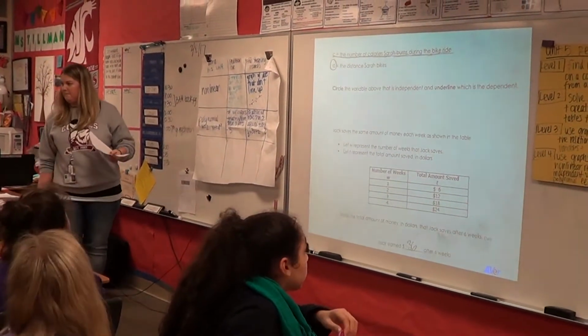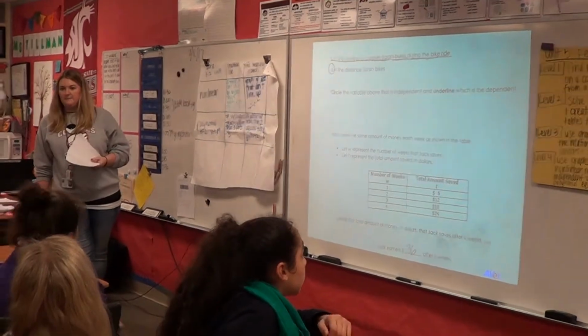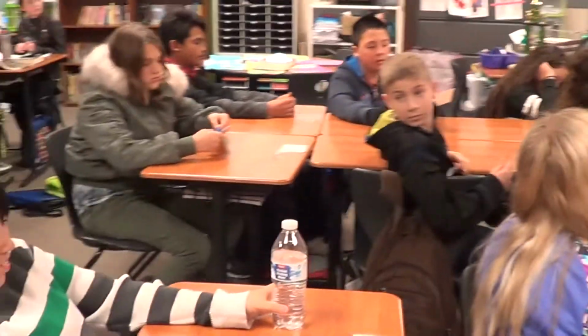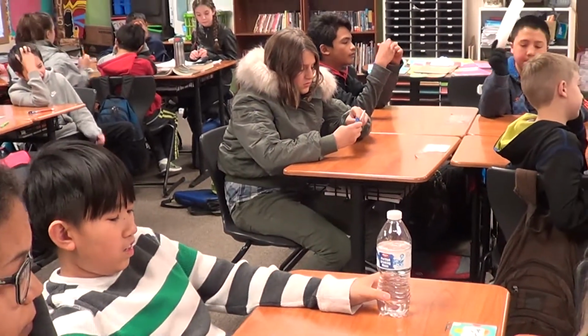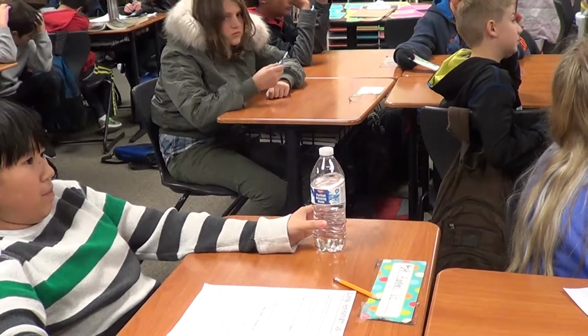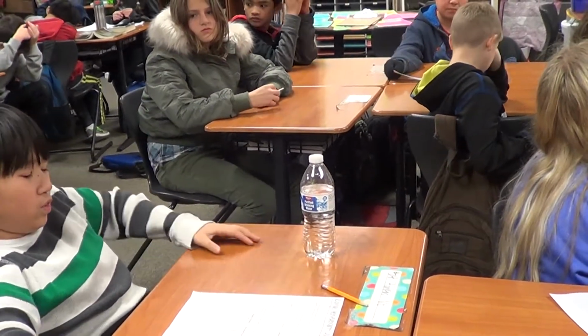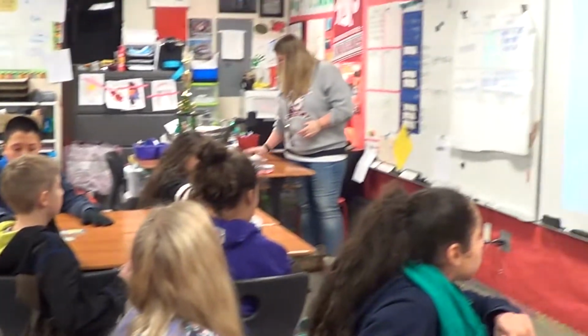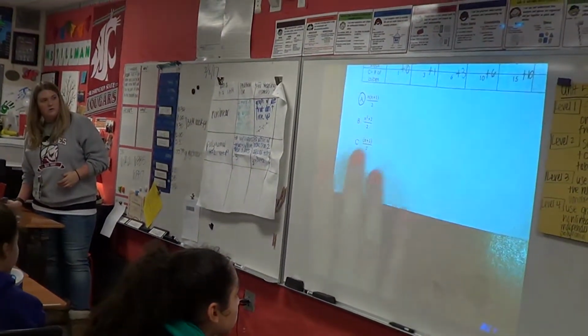What about this one? Level 3. What made this one a level 3? You needed to find the independent and the dependent variable, and you also need to relate the equation. Yep. Which then leaves our last one to be a 4.